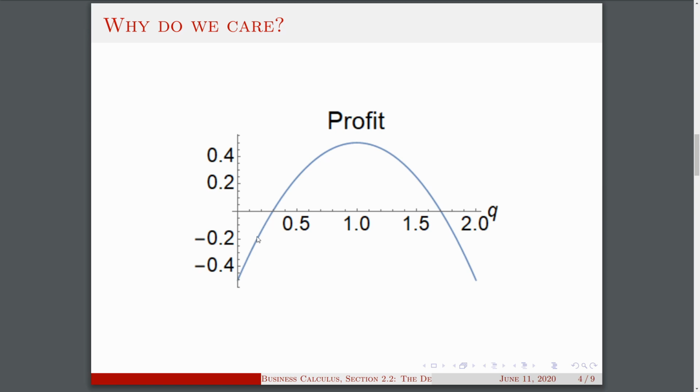Then we might think, oh, bad, we're losing money. But if we knew that the function was increasing at that point, meaning that as we increased production, the profit actually increased as well, then we would realize, oh, actually, if we keep producing more, we will make money.